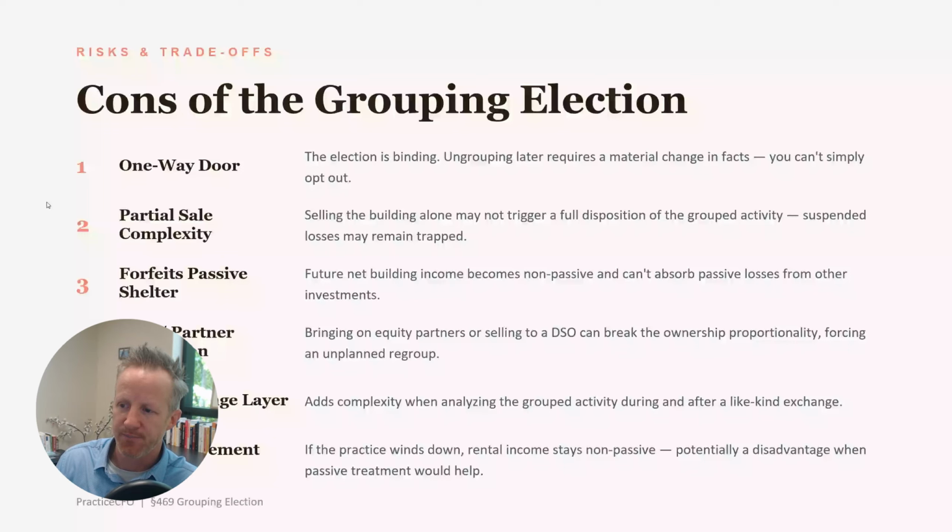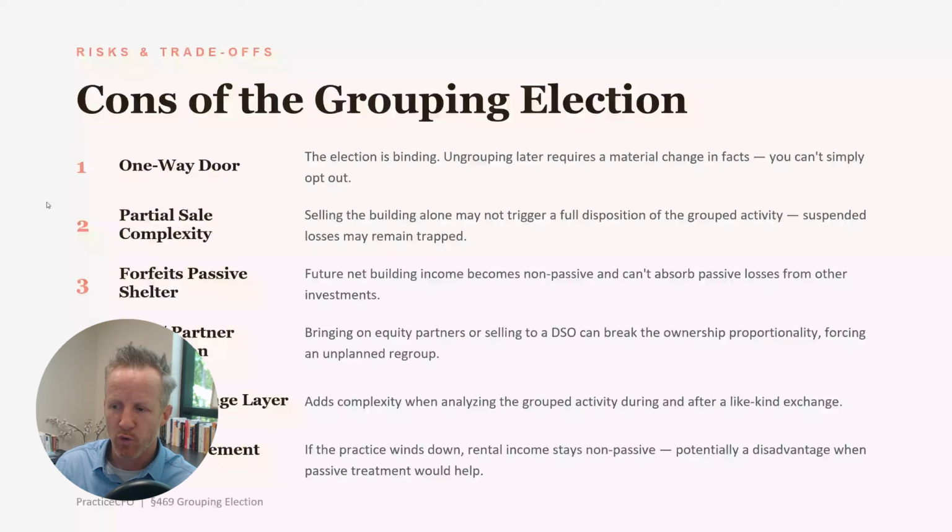Your building that you own, if you group, they're both now non-passive. And before I said if you don't group, the losses in your building LLC are passive, and you can deduct your losses in your building LLC against the income from the duplex down the street. You can do that.